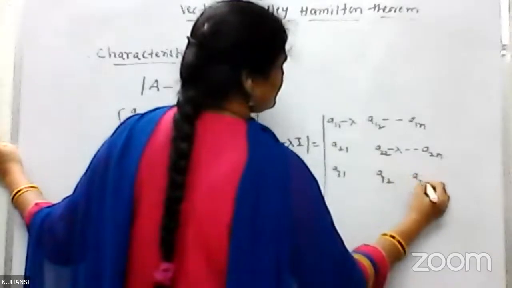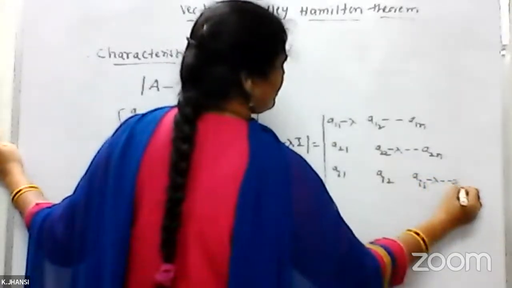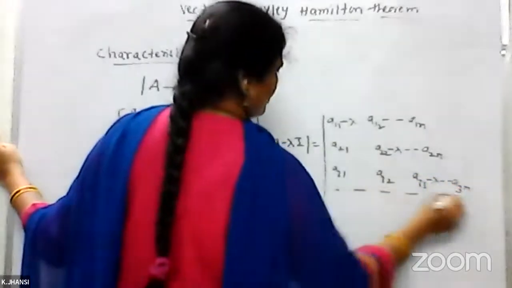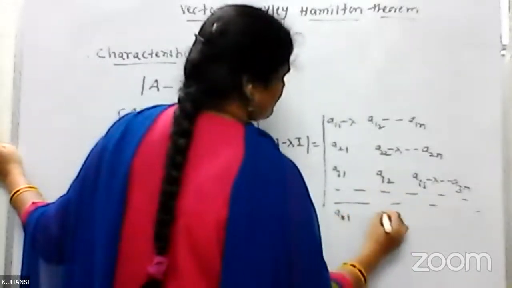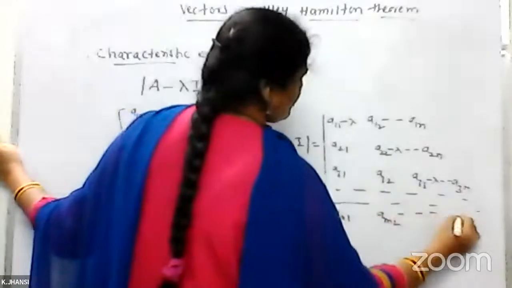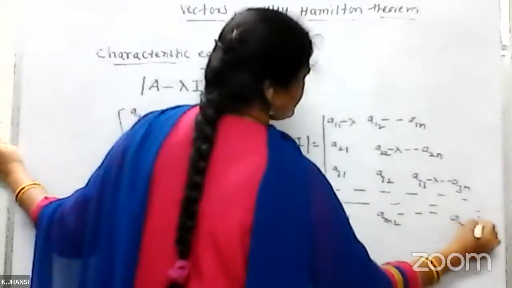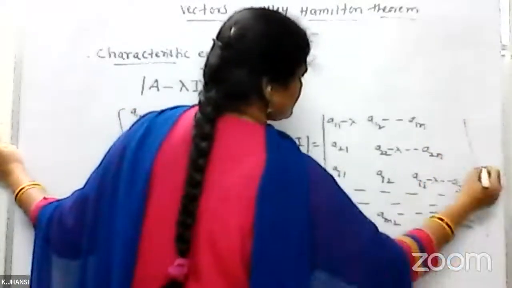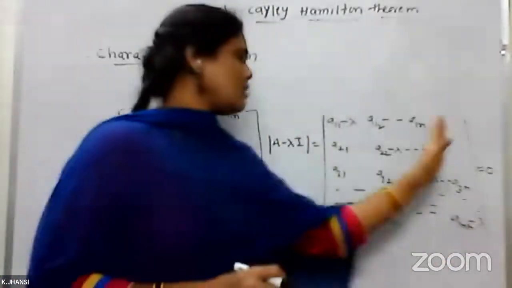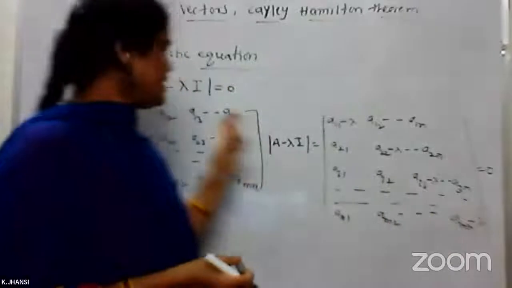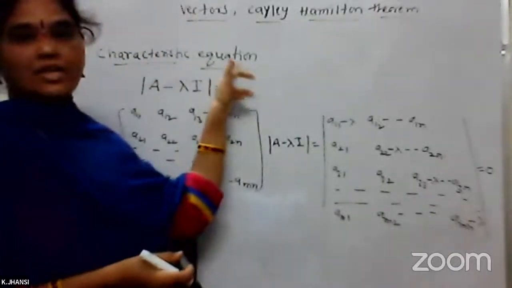Here you will get A33 minus lambda, so on to A3n. Like this, up to Am1, Am2, so on Amn minus lambda. This equals 0. So if you equate the determinant of this to 0, it is called the characteristic equation.